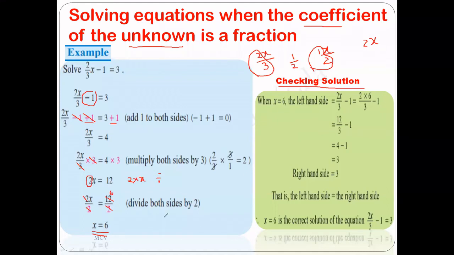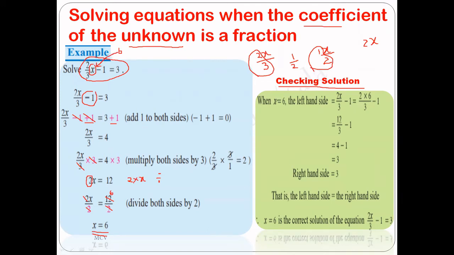Now you know the solution is x equals 6. This is the equation. To that equation, you can put this x equals 6 in the place of x. Remove x and put that 6 in that place.